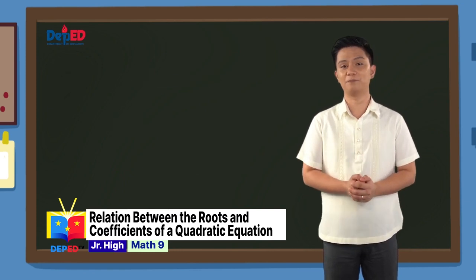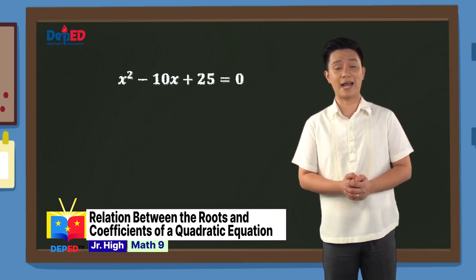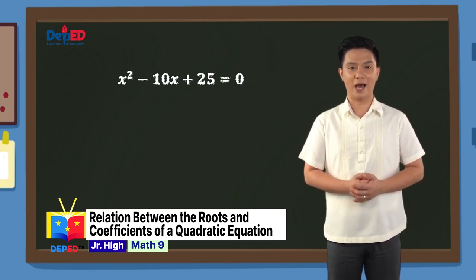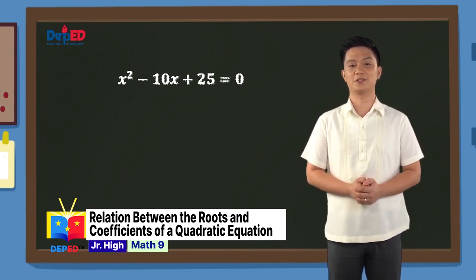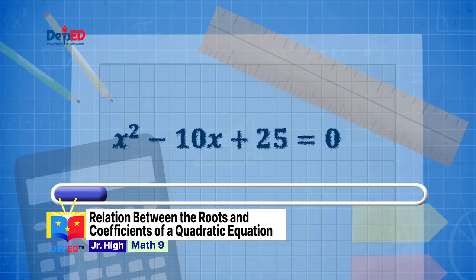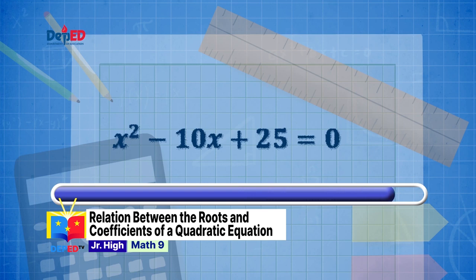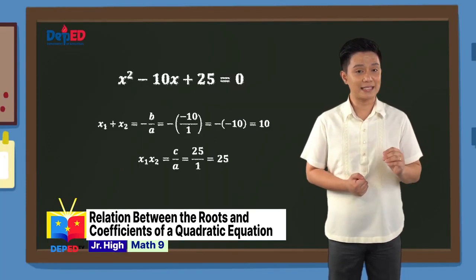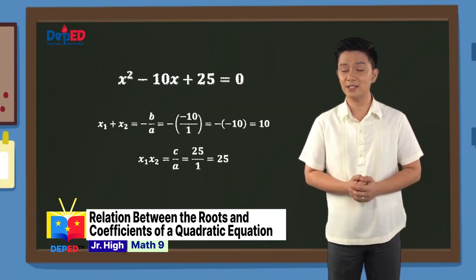Equation number 3 now. X squared minus 10x plus 25 equals 0. You have 15 seconds. Go! And time is up. Sum is 10, while the product is 25.